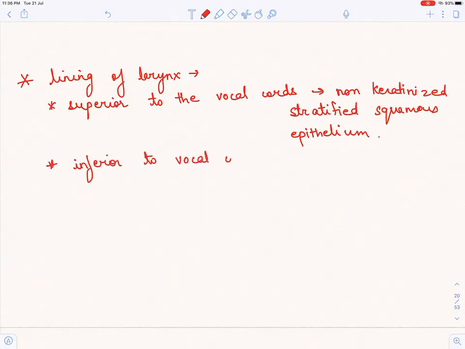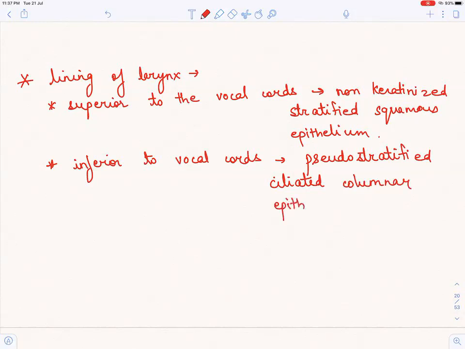Inferior to vocal cords, it is pseudostratified, ciliated columnar epithelium. Important thing to remember, superior to vocal cords and inferior to vocal cords.